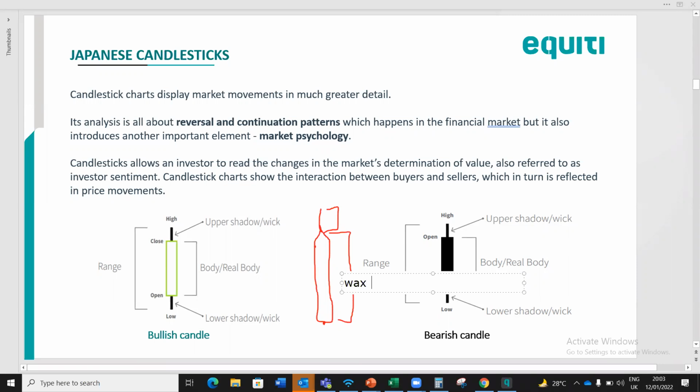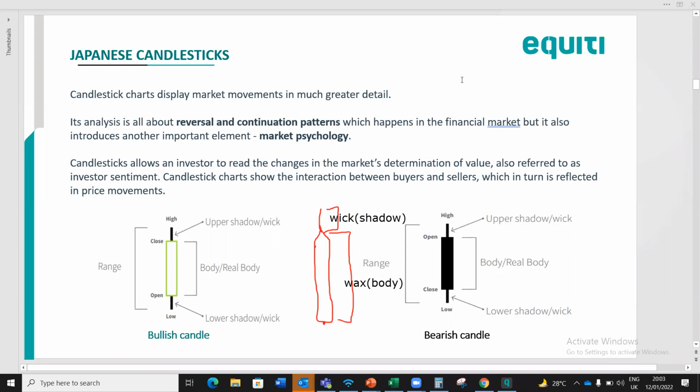We call it the wax, which is the body, right? Beautiful. And then we also have the wick. The wick is what we call the shadow. True? Beautiful.